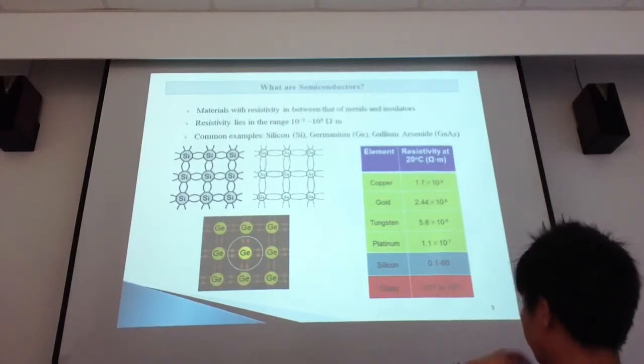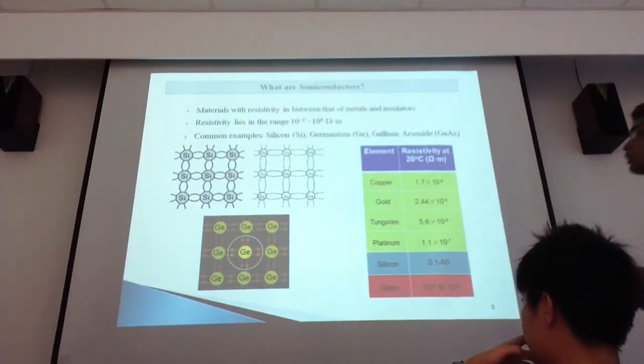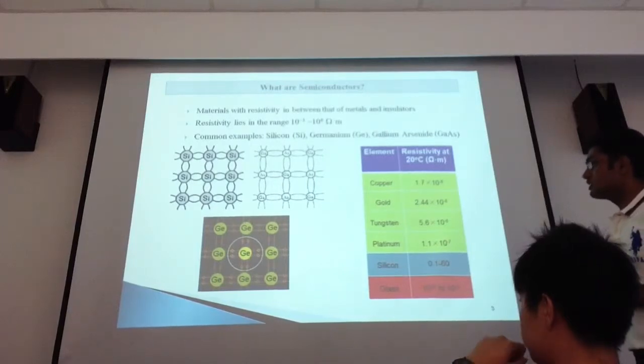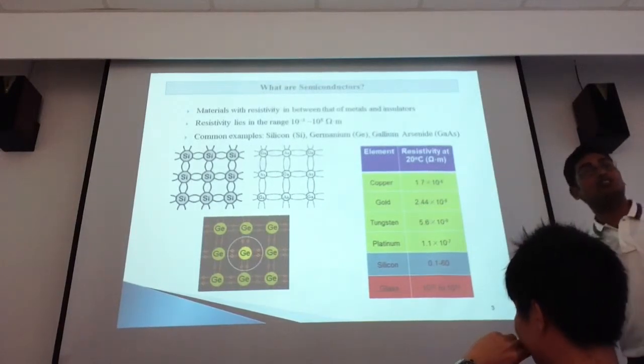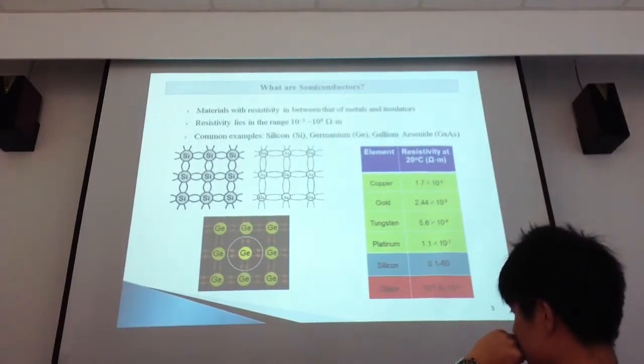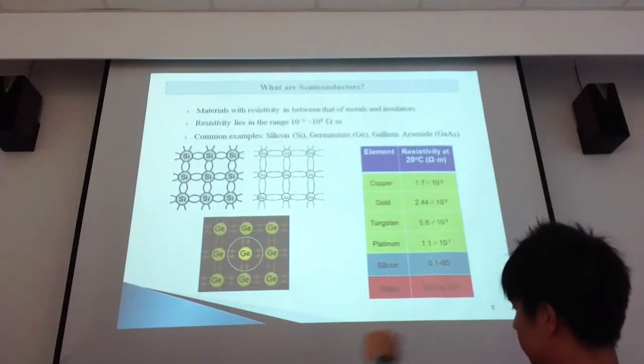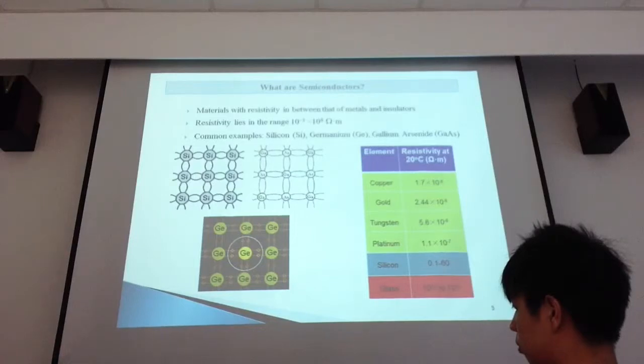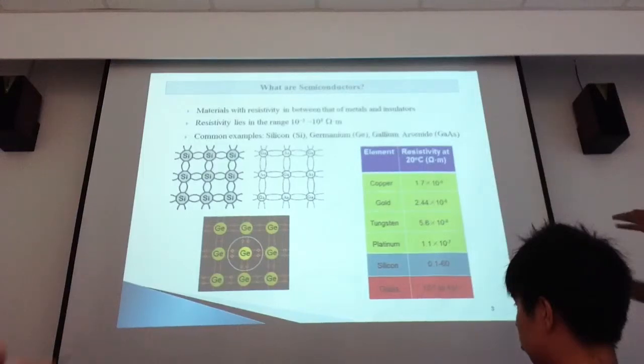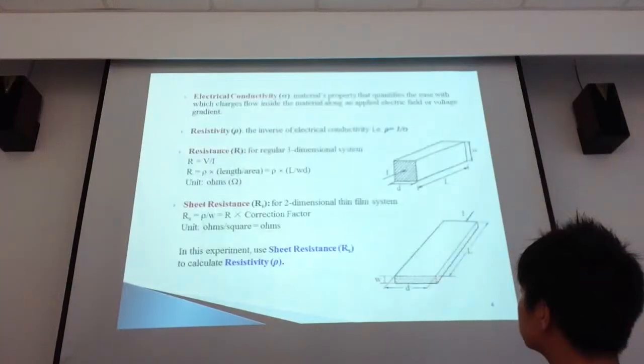They are semiconductors because of their intrinsic properties. It's not like you have done anything. They are semiconductors on their own, okay? So silicon is a semiconductor, you can see it lying in this range, and glass, wood, plastic, rubber are all insulators, right?